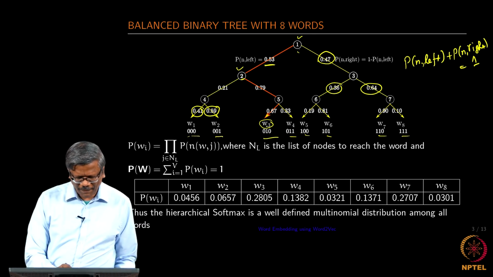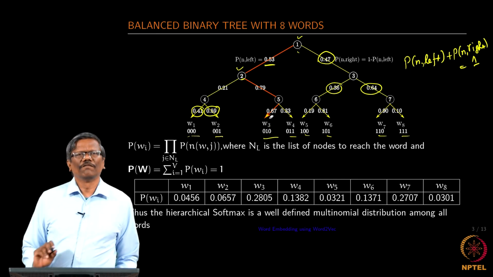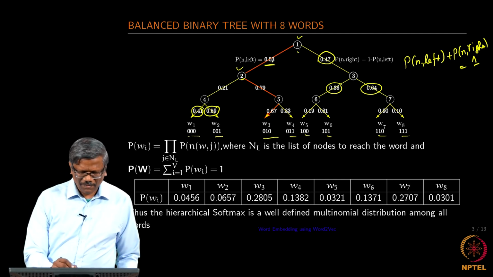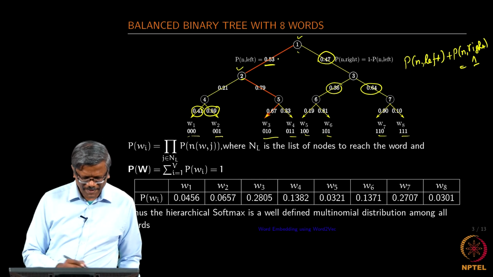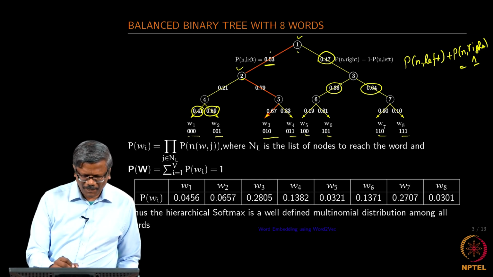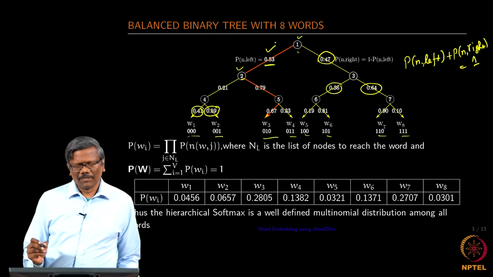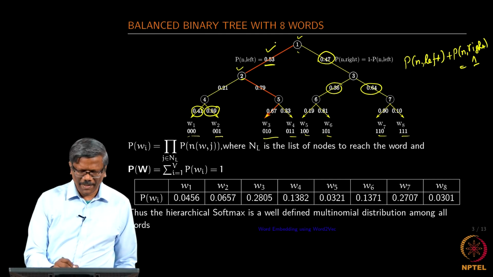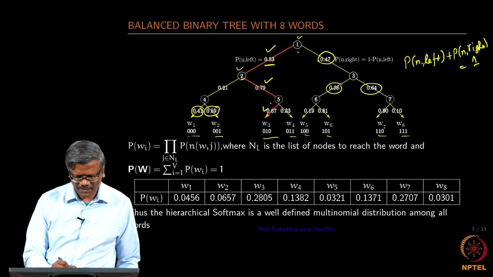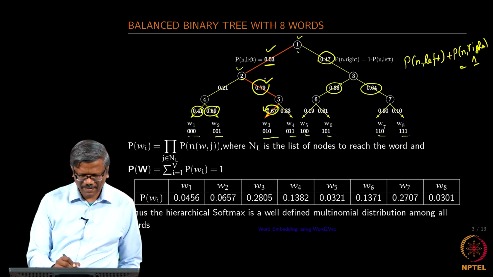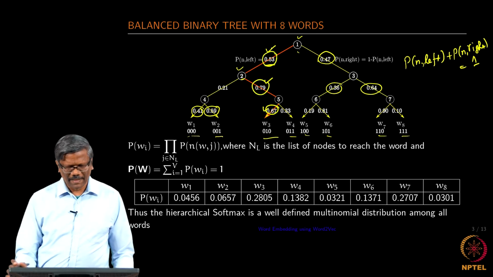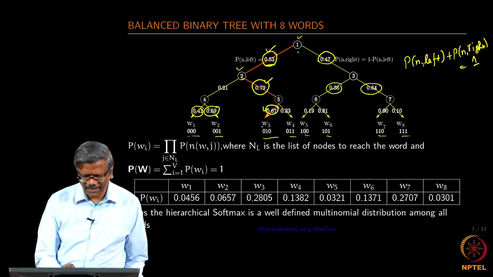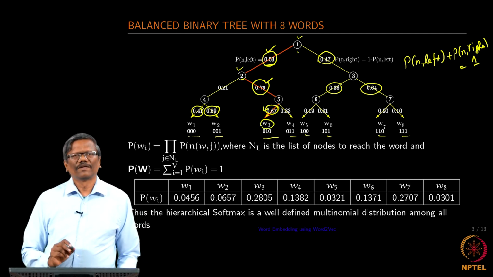When you want to find the probability of this word W3, what you do is you just multiply this one and this one. Okay. So, we are taking these 3 and we obtain the value which will be equal to the probability of the word W3.